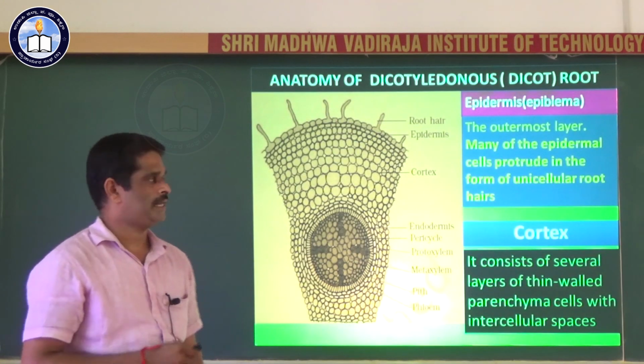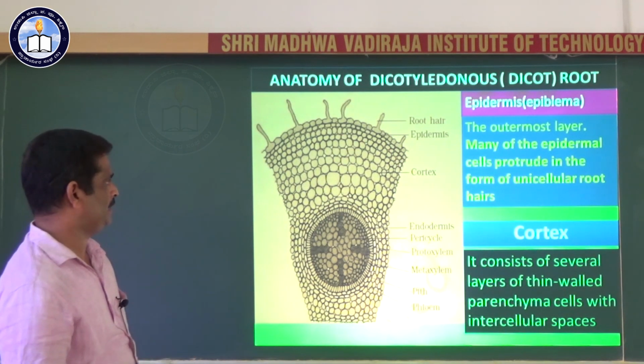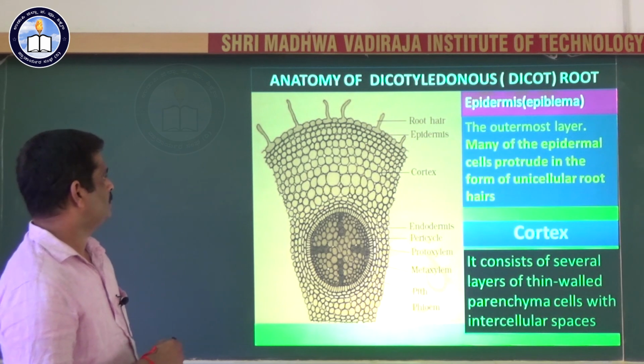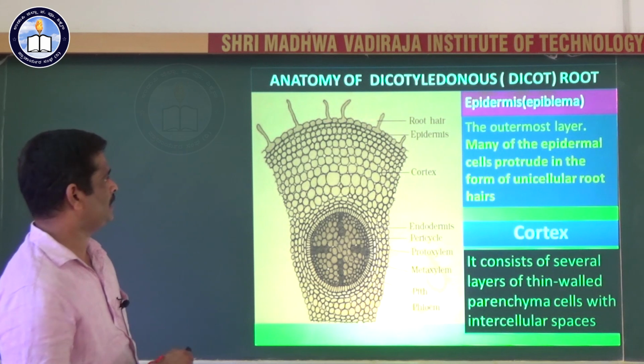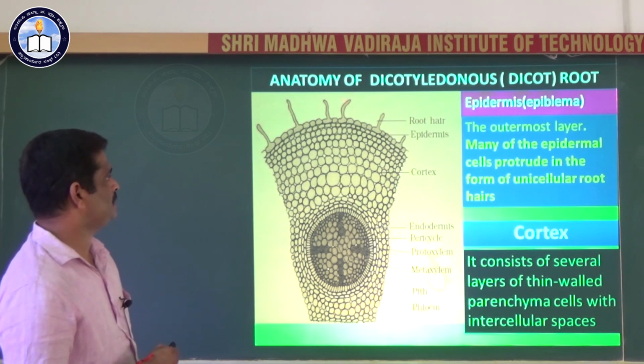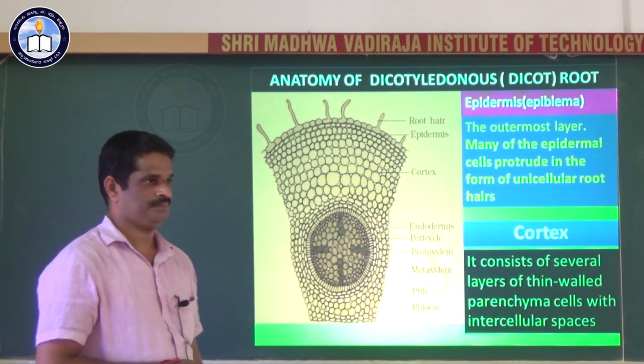Epidermis is also called epiblema. This is the outermost layer, compactly arranged parenchyma cells without any intercellular spaces. Many epidermal cells produce unicellular projections, which we call root hairs.